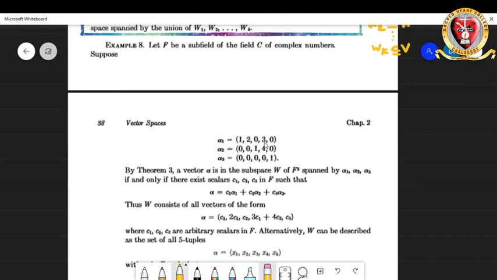Alpha 1 is (1, 2, 0, 3, 0), alpha 2 is the 5-tuple (0, 0, 1, 4, 0), alpha 3 is (0, 0, 0, 0, 1). These are vectors in the vector space F5. This F5 is nothing but R5. We are denoting R5 as F5, so keep that in mind. That is the notation we are following here.